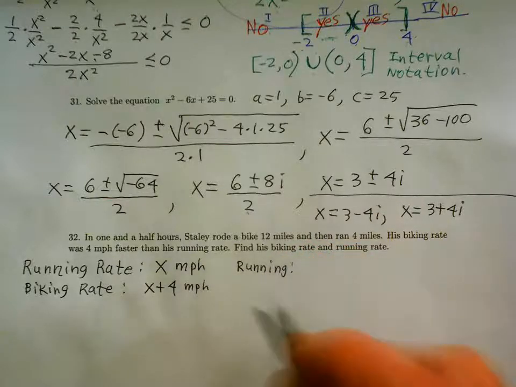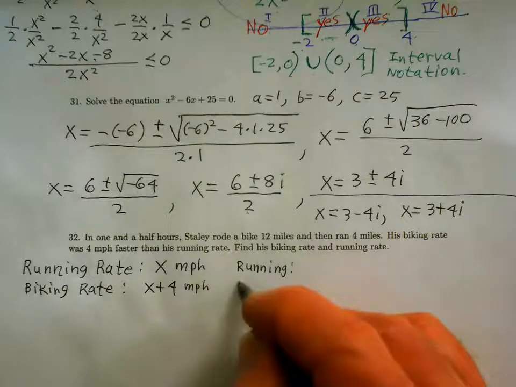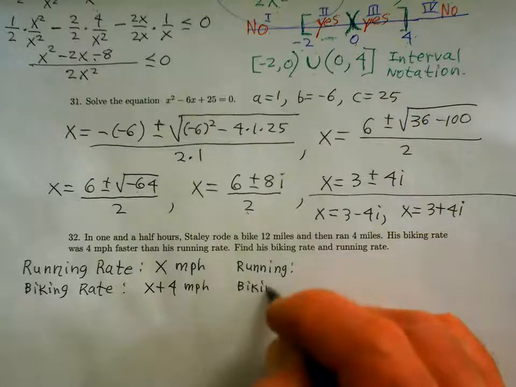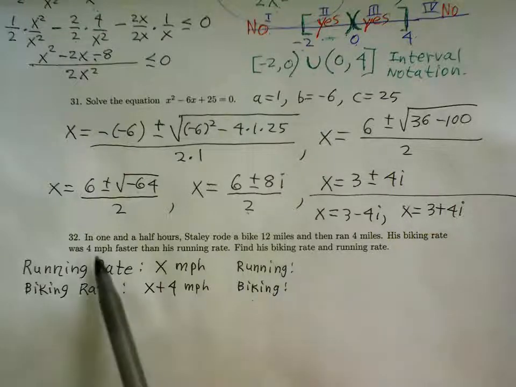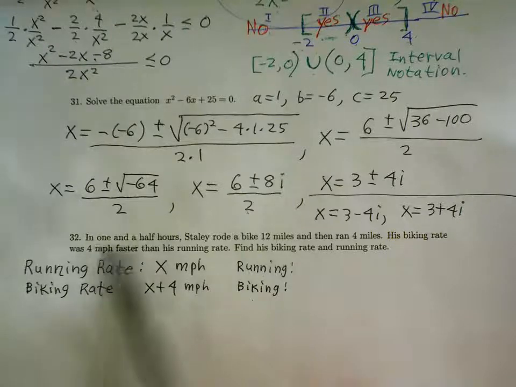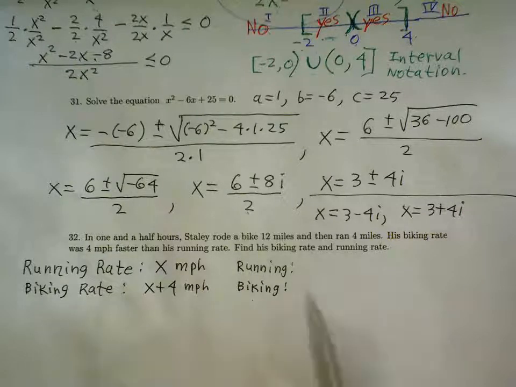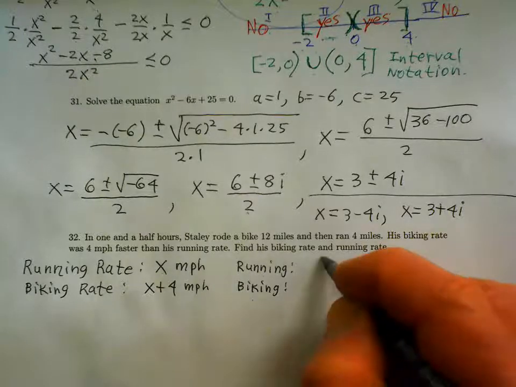So we'll write down an equation of the form rate times time equals distance for running, and then another rate times time equals distance equation for biking. And then we'll use the fact that the total amount of time biking plus the total amount of time running is 1.5 hours. Okay, so when running, the rate is x miles per hour.